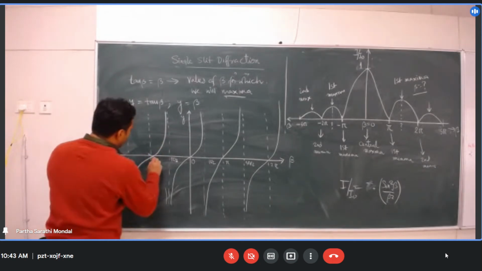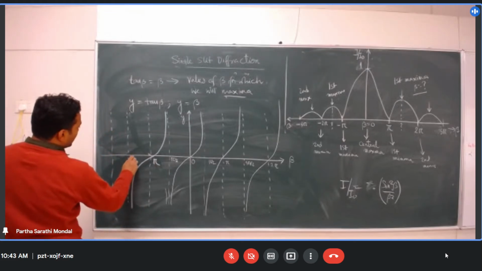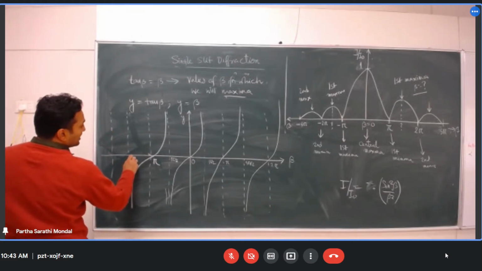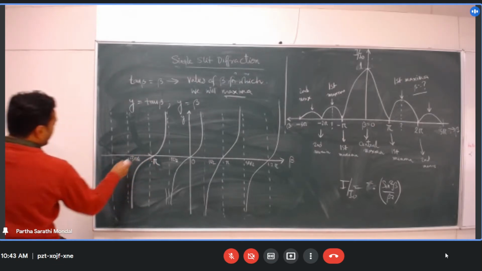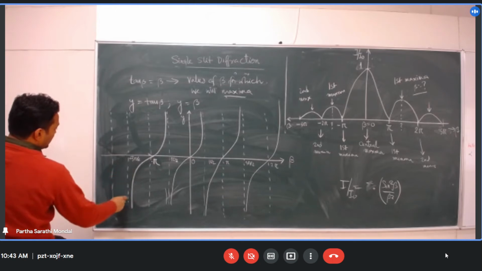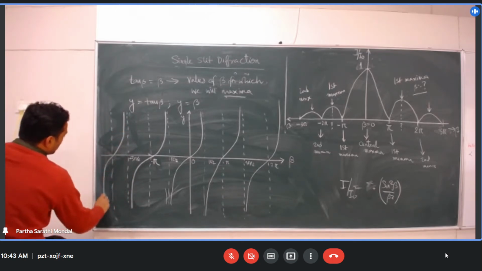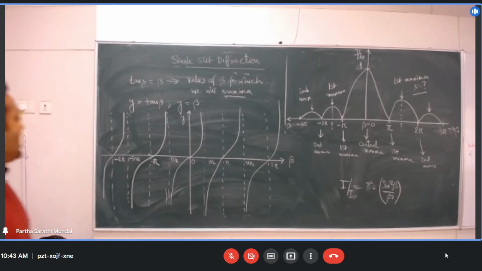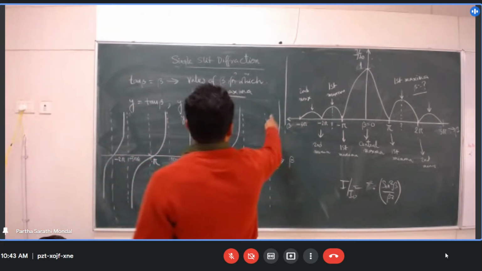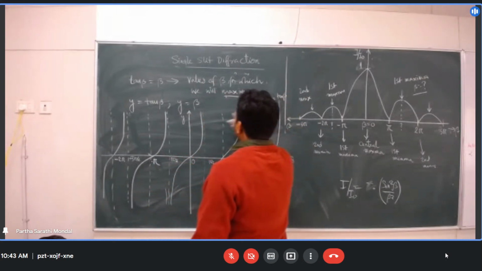Okay, this is pi, and similarly this is pi by 2, and this is 3 pi by 2 minus actually. Okay, and then you will get from here, and this is your minus 2 pi. So now this is your y equal to tan beta. These are all y equal to tan beta.